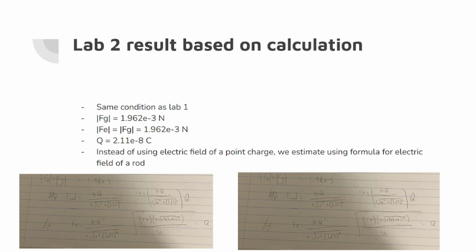Electric force is equal to gravitational force, and they are both equal to 1.96 times 10 to the negative 3 newtons. To solve for Q, we'll use the electric field of a rod instead of the electric field of a point charge, as shown by my work here. We end up getting 2.11 times 10 to the negative 8 coulombs instead.